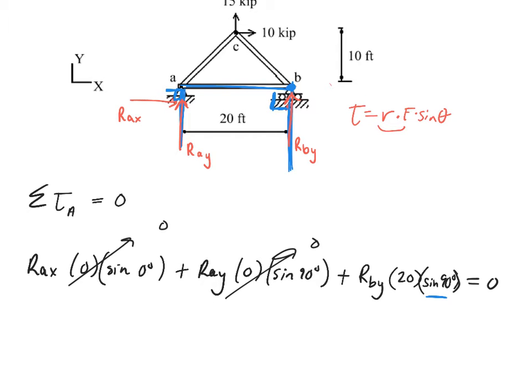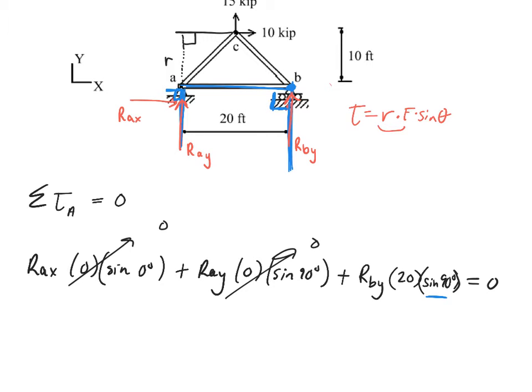Take the 10 kip force, extend the arrow in the other direction here until you can make a 90-degree angle with what we're calling the lever arm R. And that's the distance that we're going to use for torque.